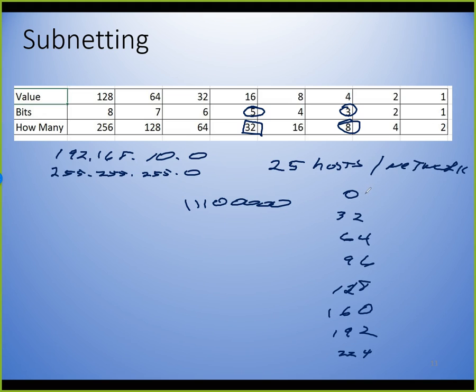First usable host is the network plus 1. The last is the next network minus 1, which is going to be the broadcast, in this case 31. The last usable is 1 less than the broadcast. First usable, 1 plus the network address.